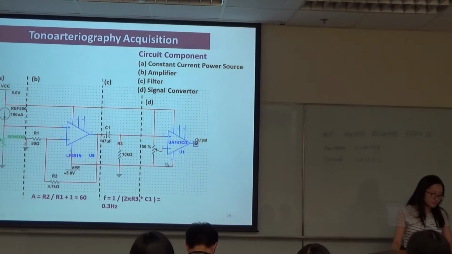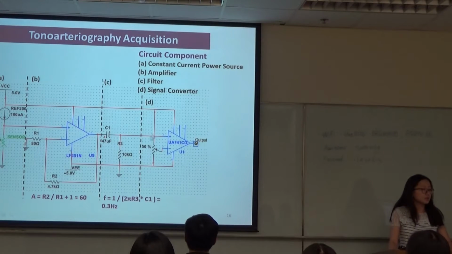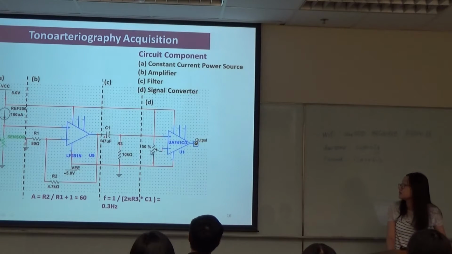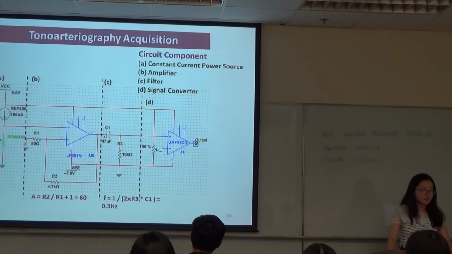So we send the output of our high-pass filter as the positive input of the comparator, and this variable resistance is connected to the positive and negative 5 volts. When we change the value of the resistance, we get a different voltage as the threshold value for the comparator.